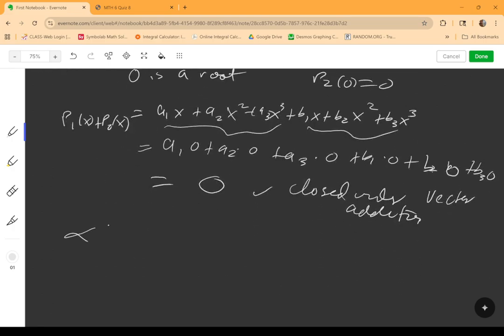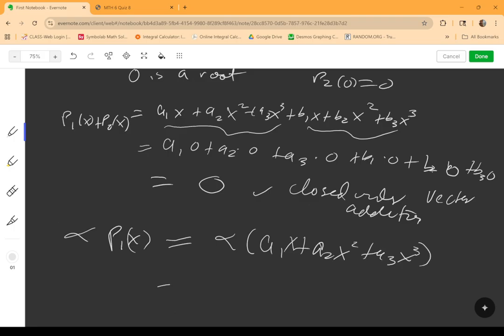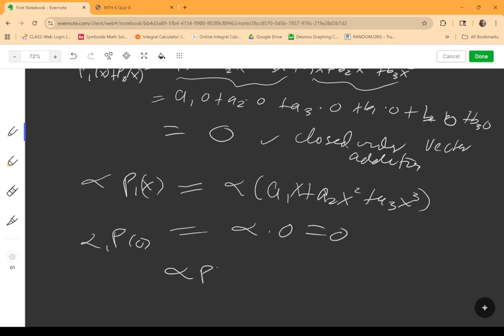Now let's take a look at alpha P1 of x. Here we have alpha times a1x plus a2x squared plus a3x cubed. We can see here that alpha P1 of 0 is equal to alpha times 0, which is 0. So alpha P1 of x is an element in W. So it is closed under scalar multiplication.